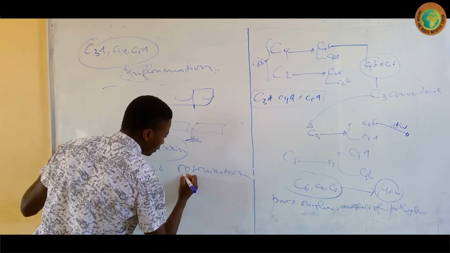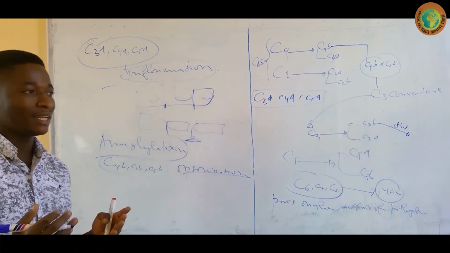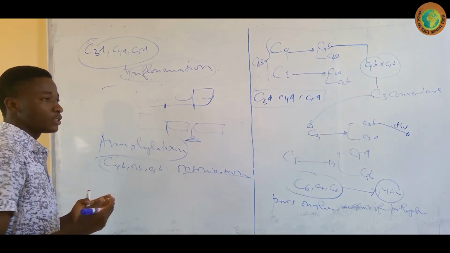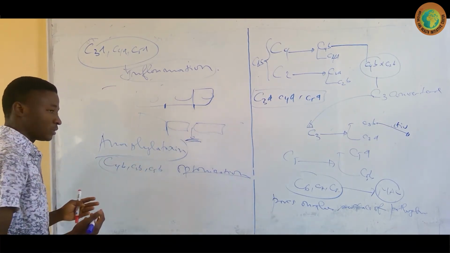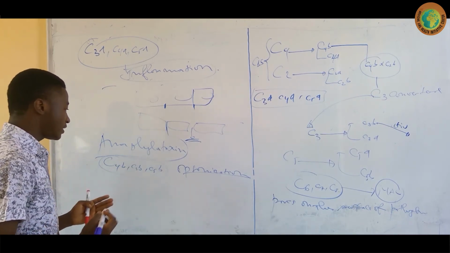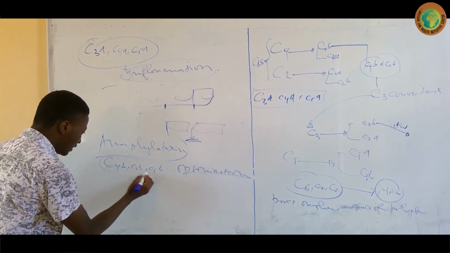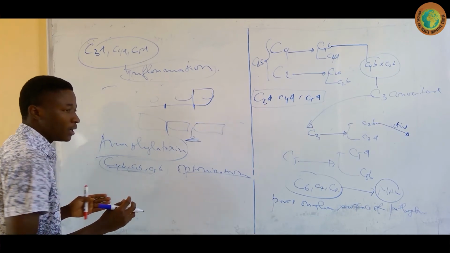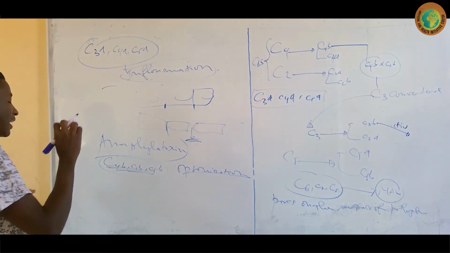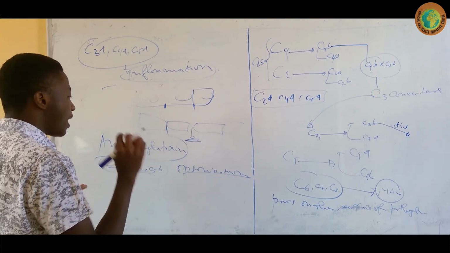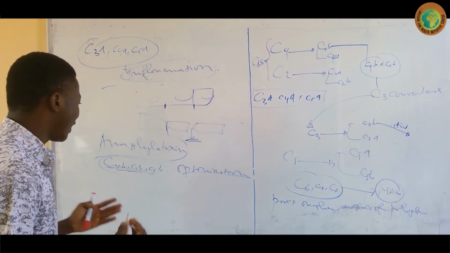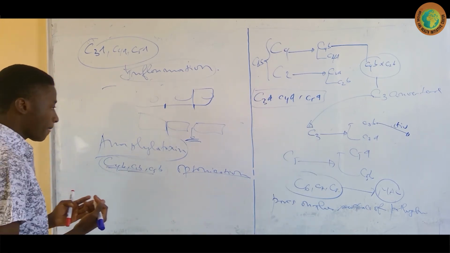They act like opsonin. Opsonins are the proteins which induce opsonization. By definition, opsonization is the process by which this complement will mark the pathogen, it will put like a marker, so that the marked pathogen will be ready for destruction by phagocytosis.